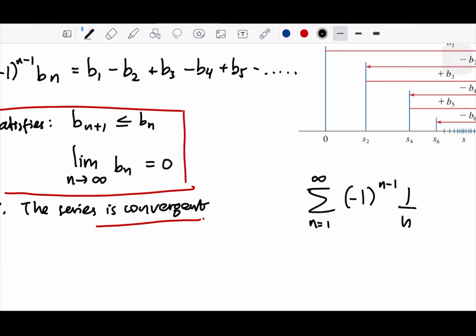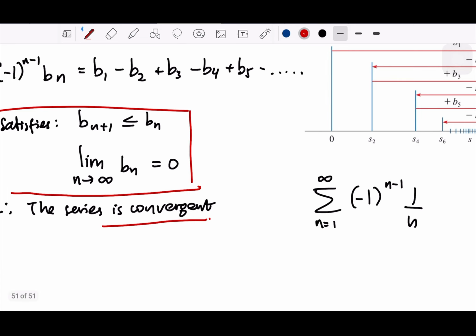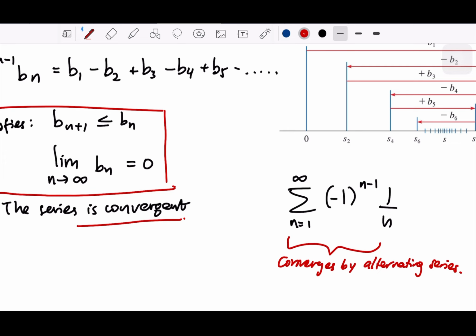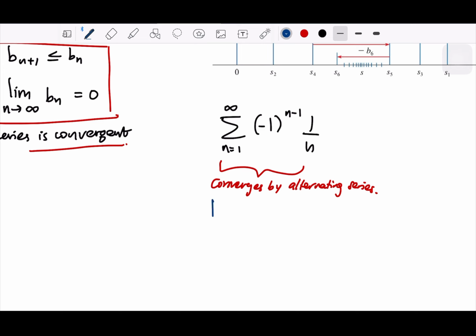We say that this will be convergent by the alternating series test, because the limit is 0, or we can say 1 over n+1 is always going to be smaller than 1 over n.